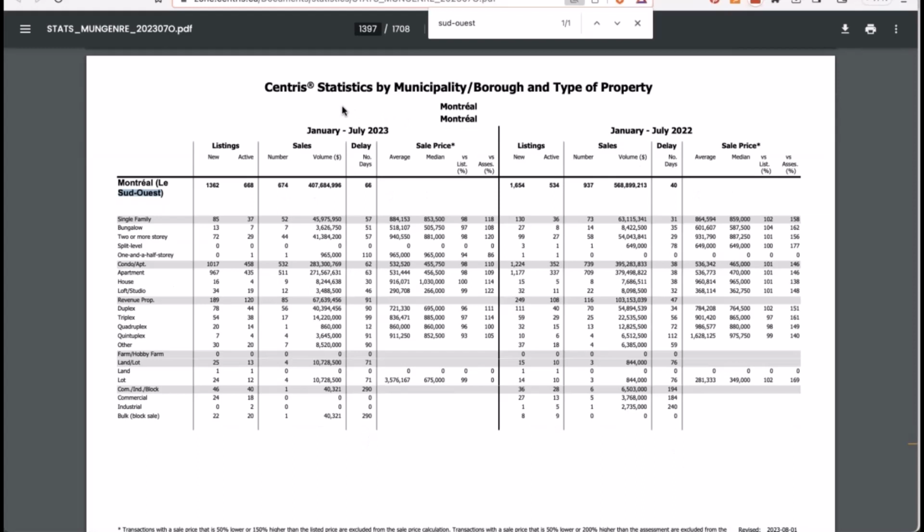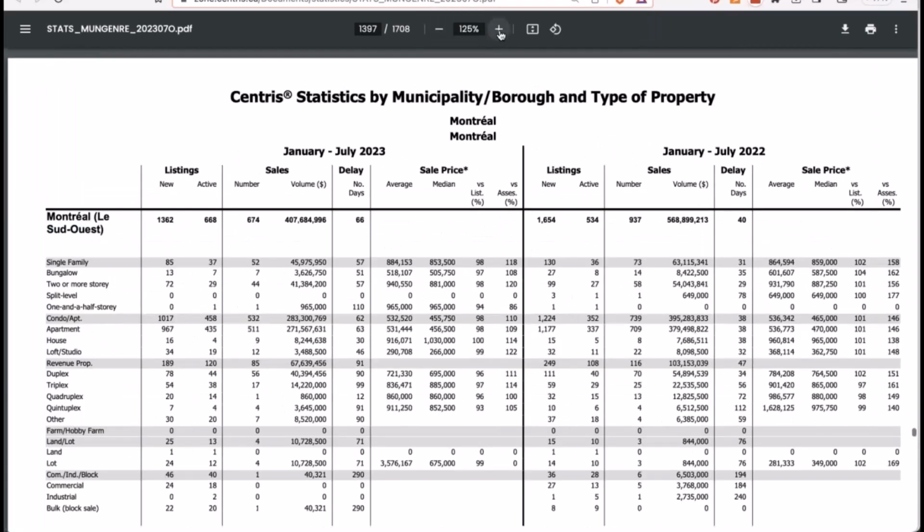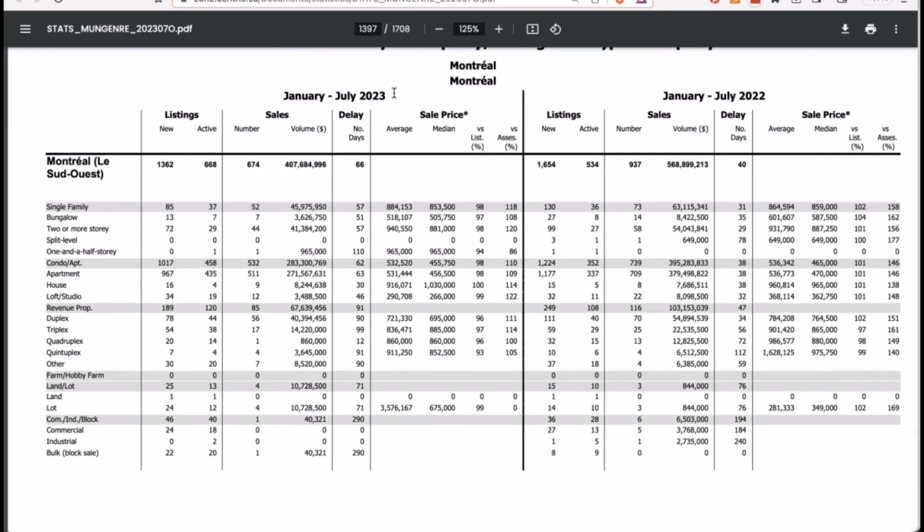Okay, so this is where you access the guide, and this way here we're looking at January to July 2023 compared to January to July 2022. So you can also calculate your rate of change here and any other information you would like to extract from this data.